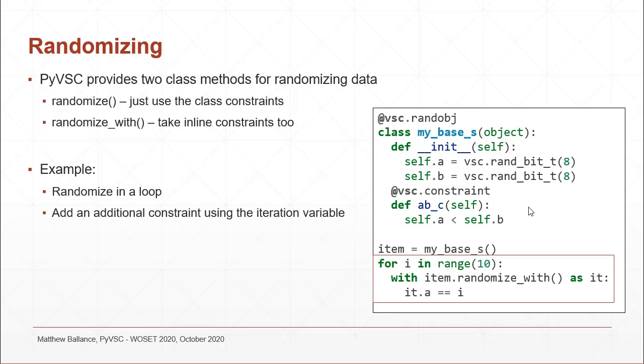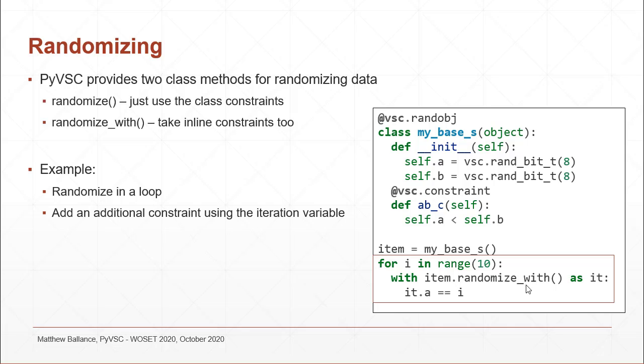Now, in order to randomize a class with PyVSC, we have two methods that we can call. We have a plain randomize method, and this is present on every randobj decorated class. We also have a randomize with method that we can use to add in specific constraints.